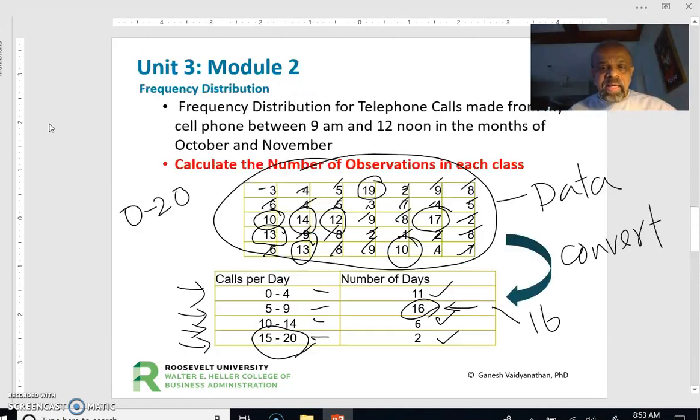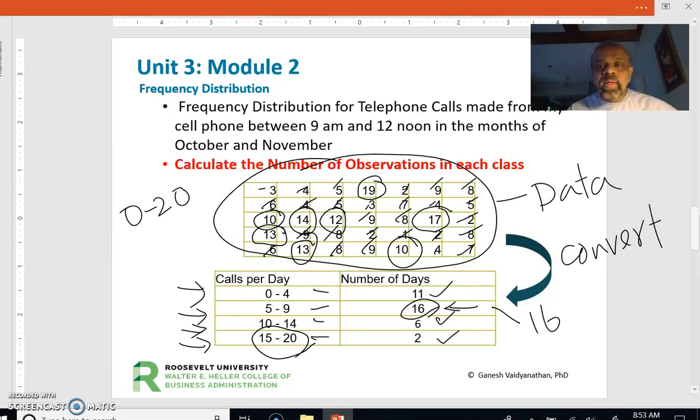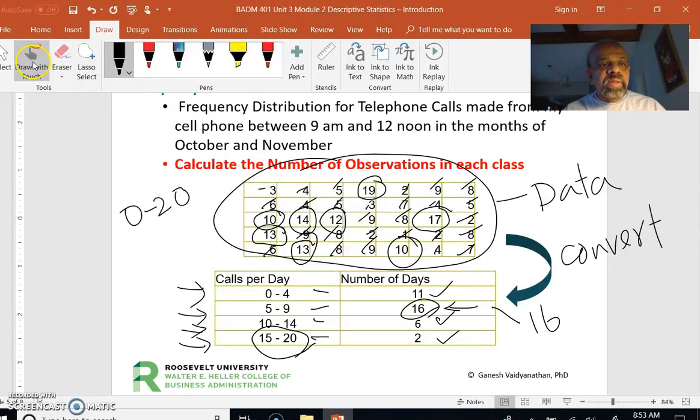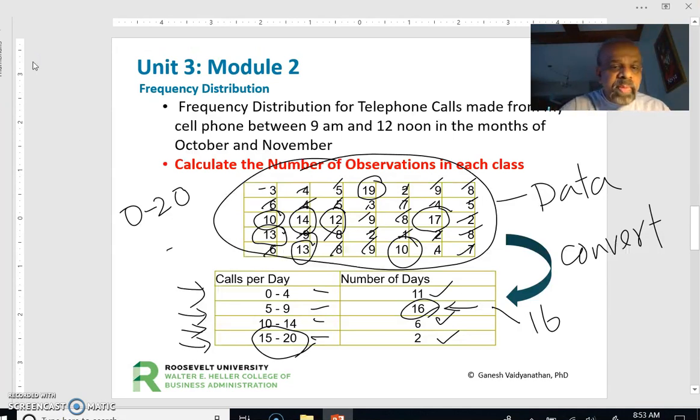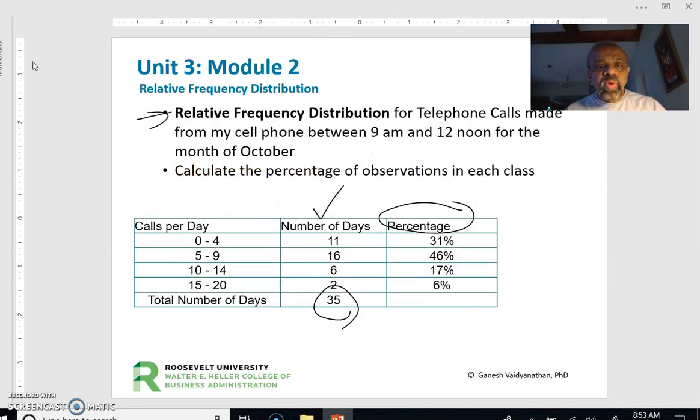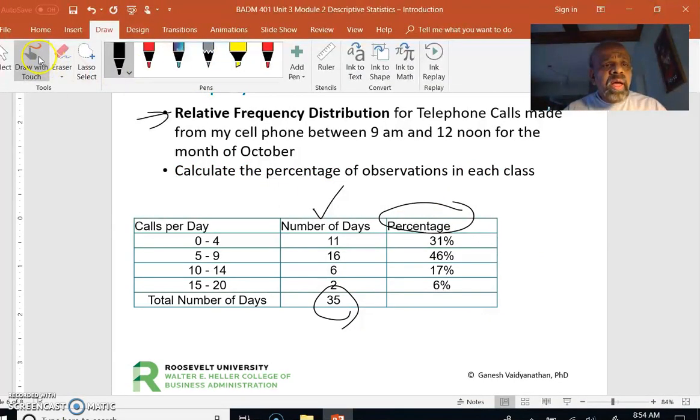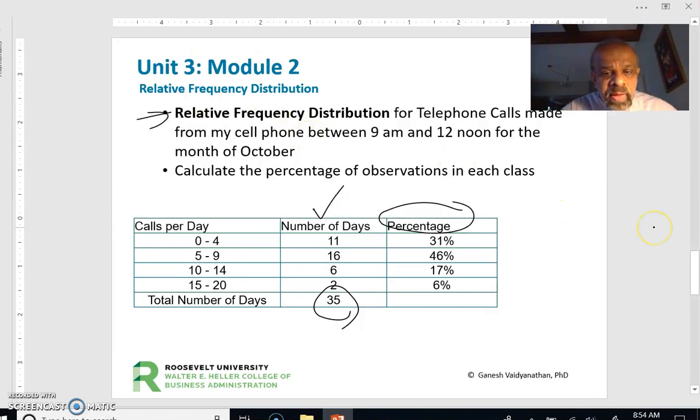So if I go back here, I have 35 data points. Now I'm going to do the percentages. How do I calculate the percentages?